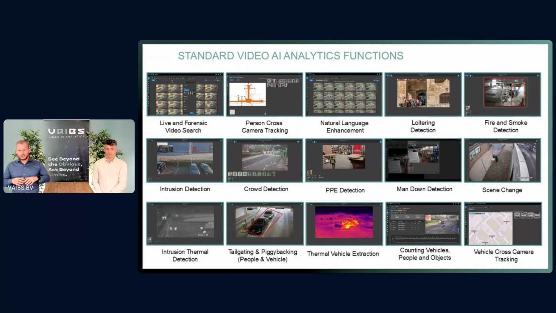So first of all, really big benefit of the system already is not the live detection, but it's the forensic search. So live and forensic search within the system, within seconds you find all the results you were looking for. And a really powerful feature, secondly, is that if you have a person of interest, click on the person. We call it person cross camera tracking, and you will see if a person with the same characteristics has been seen before.